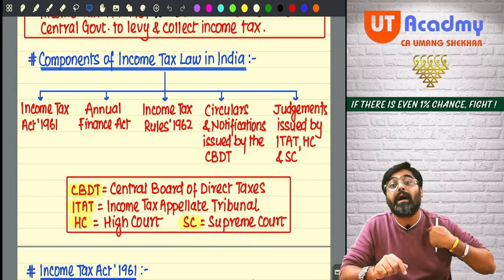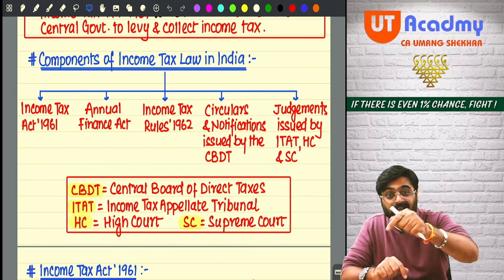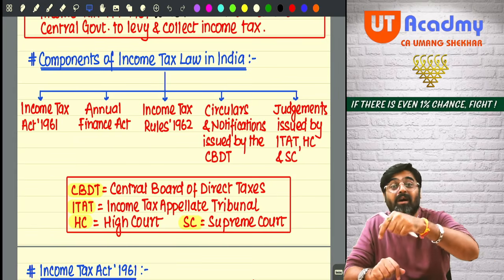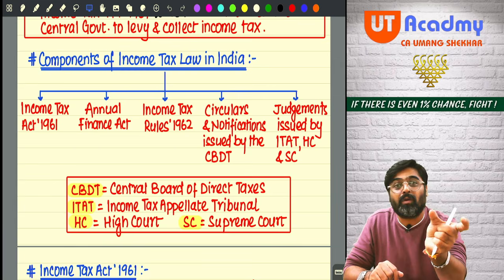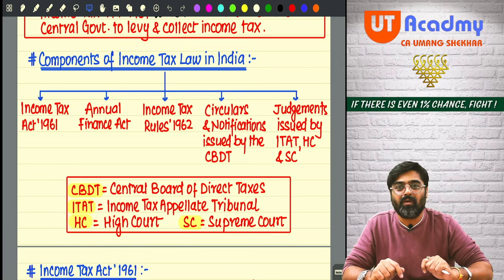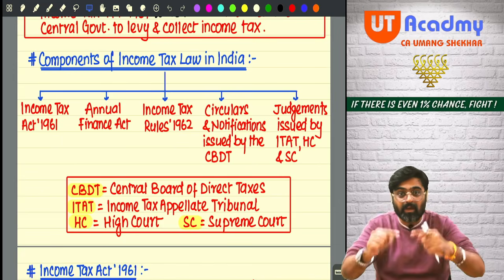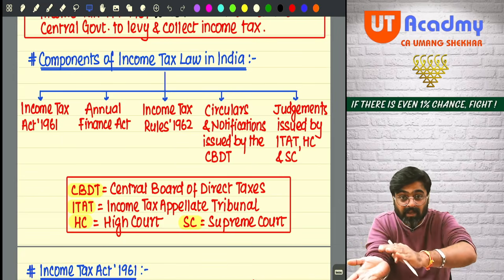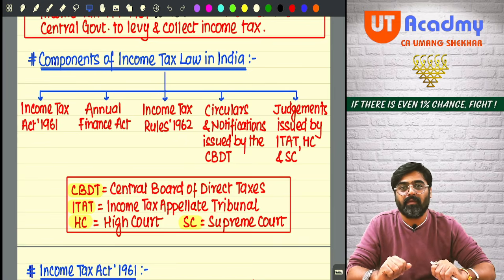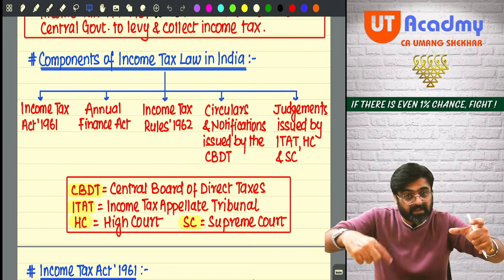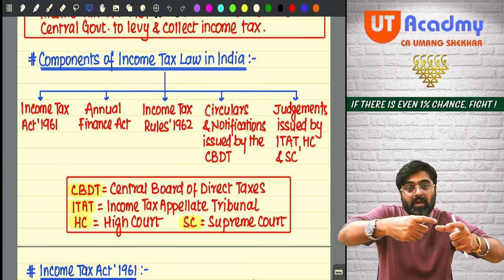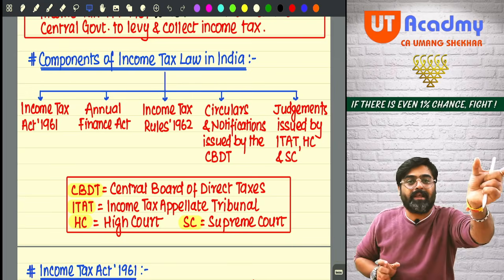And don't worry, I will tell you that this is a circular, this is a notification for the particular section we are studying right now. Please remember this circular and notification regarding this provision. Read the provision along with this notification and circular, and go for exams.